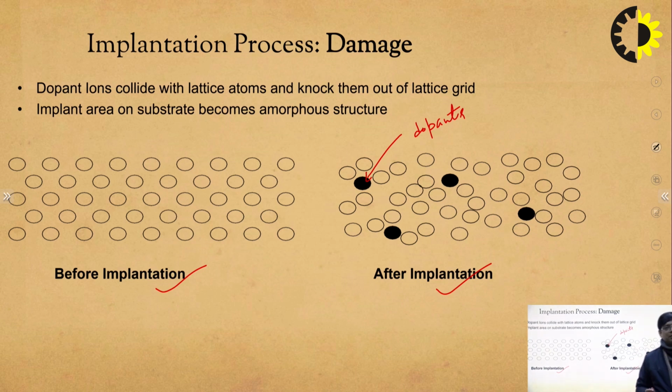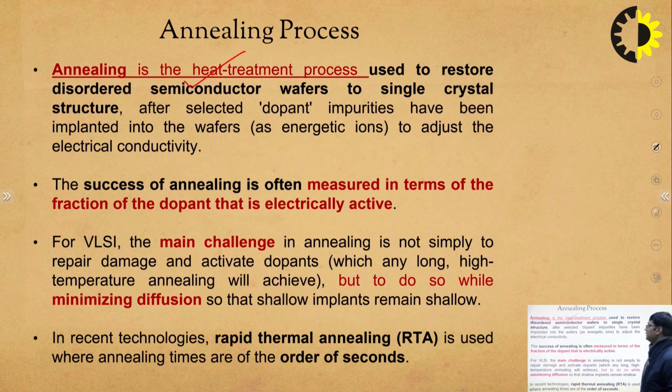So, after the ion implantation process is done, we need to correct this damaged structure. We need to heal this damaged structure by a process which is known as the annealing process. Annealing is the heat treatment process which is used to restore the disordered semiconductor wafers to single crystal structure.